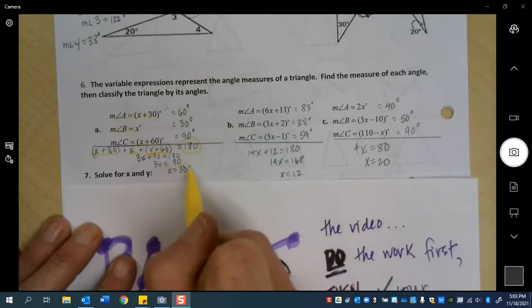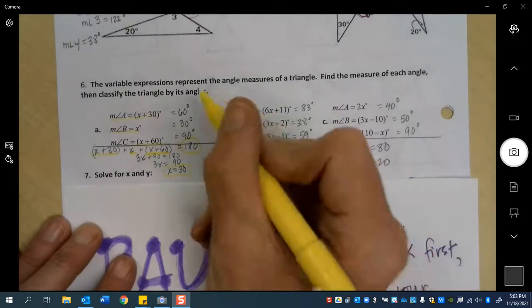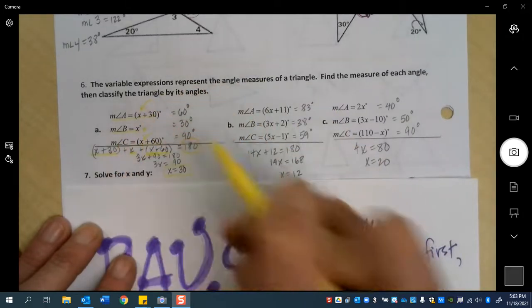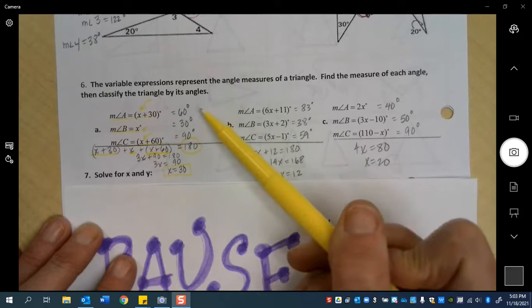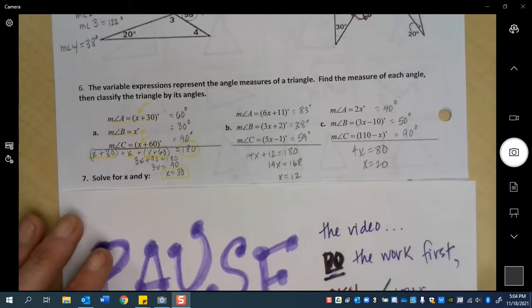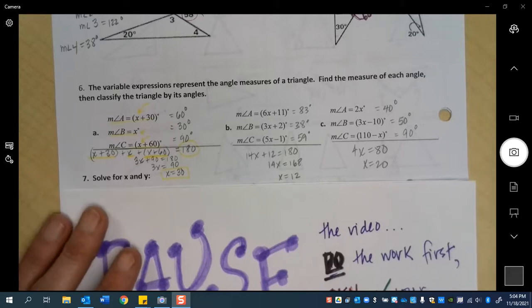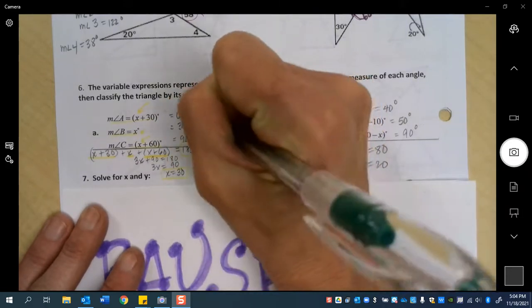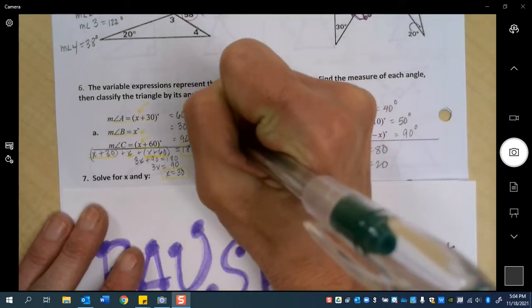When I go ahead and solve for x, I get a value of 30 degrees, which I then plug in to each of these expressions to get 60 and 30 and 90 for that triangle. If I'm going to classify that triangle by its angles, I'm going to make sure that I say, therefore, because of this angle here, it is a right triangle.